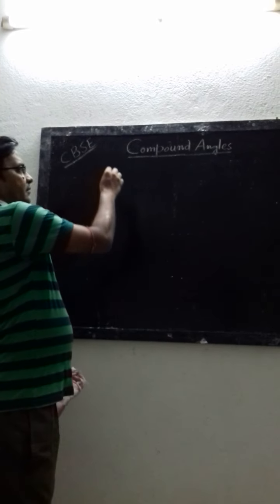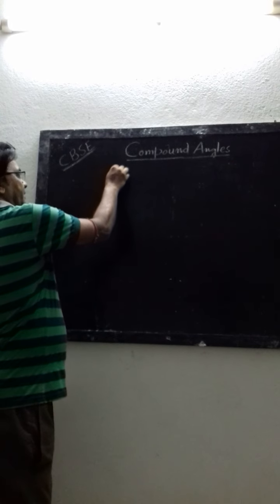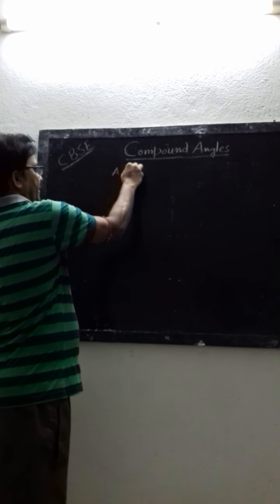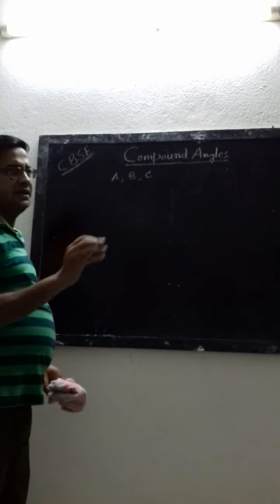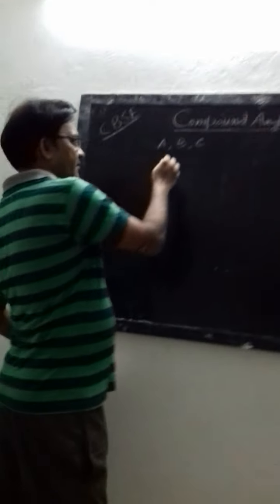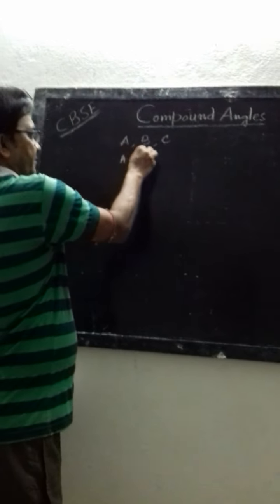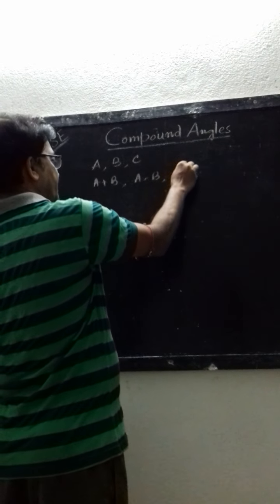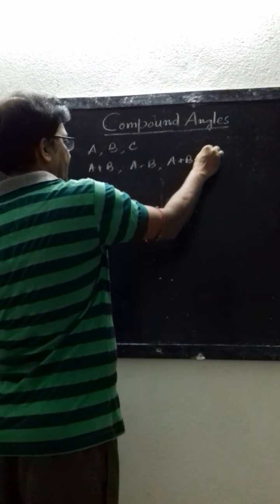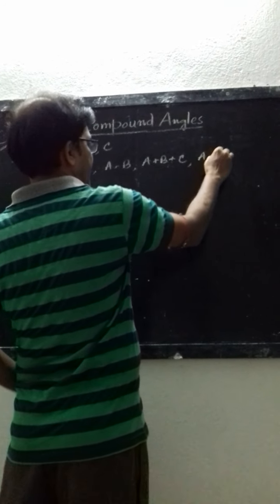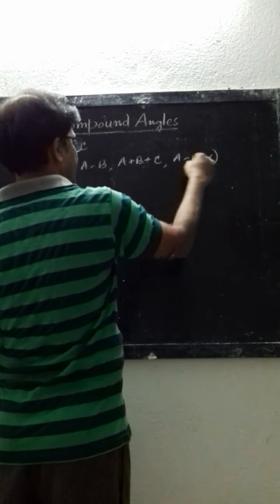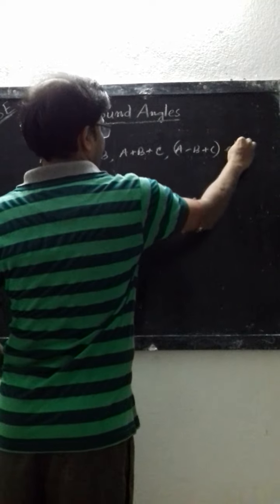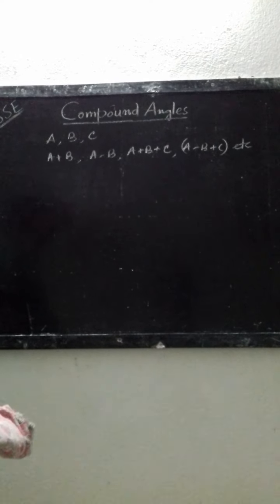For example, if A, B, C are any three angles, then A plus B, A minus B, A plus B plus C, A minus B plus C, etc. are all compound angles.